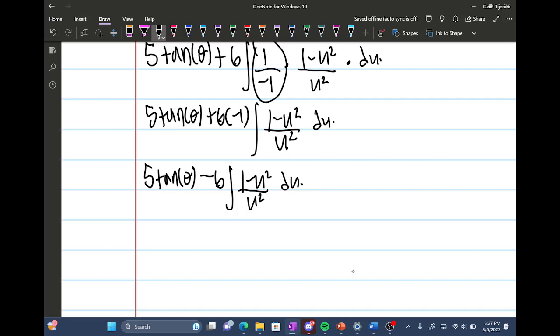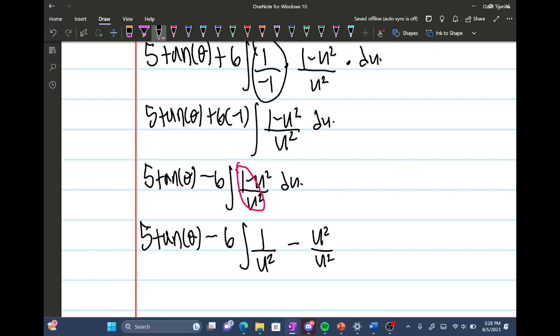And if you think about it, we can actually just use power rule for integration. So we have 5 tan theta minus 6 integral, and again, we're going to split it up, 1 over u squared minus u squared over u squared, because that's kind of what this is.